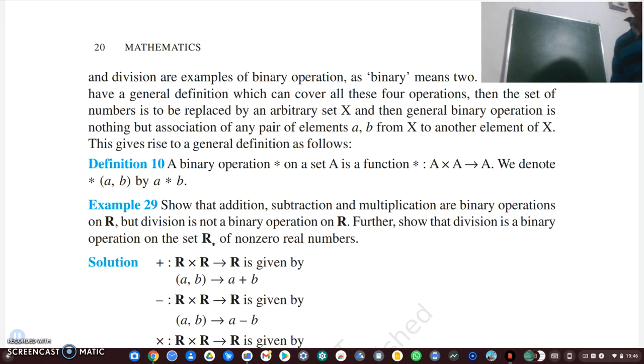Arbitrary set X, and that's the definition of binary operations. So I can repeat the definition: the set of numbers which has to be replaced by that arbitrary set X, and any binary operation, subtraction, addition, multiplication, division, is nothing but an association of a pair of elements.